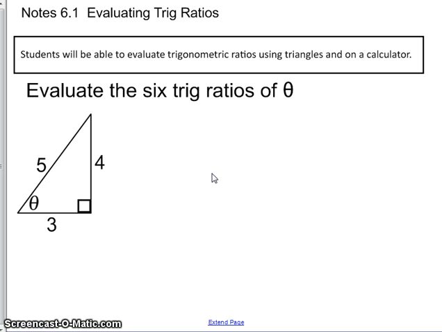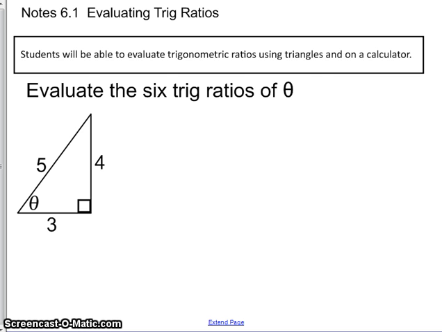Okay, so in this lesson we are going to use numbers that are in the given diagram to calculate and simplify trig ratios.